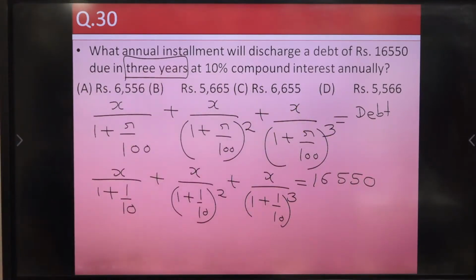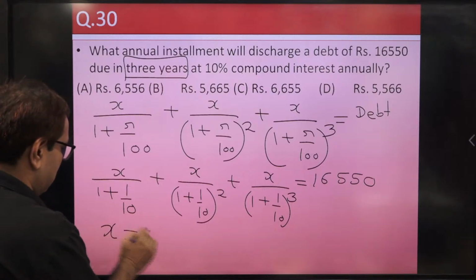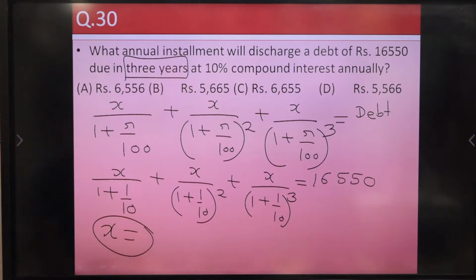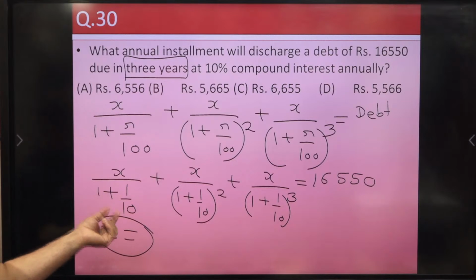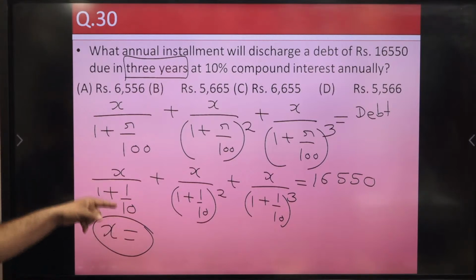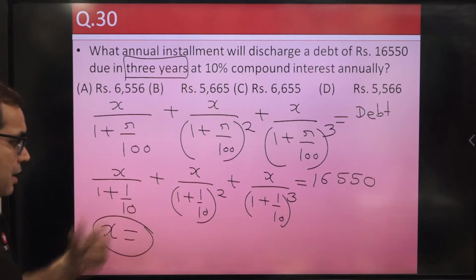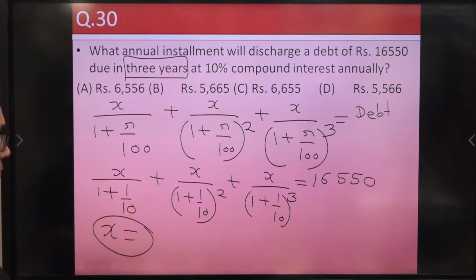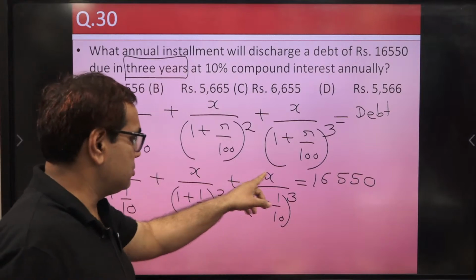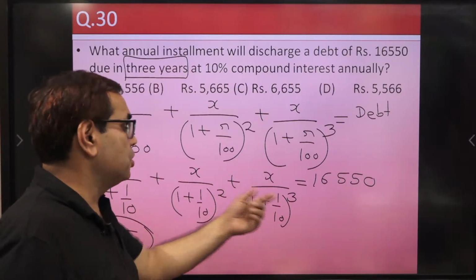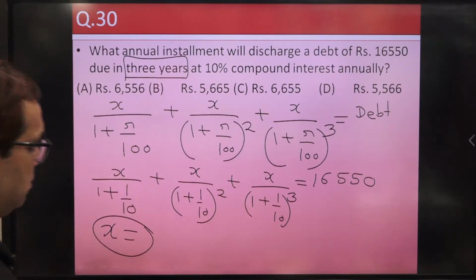So now you please solve this problem yourself, and you have to compute x, only calculation is required now. This will become 11x upon 10, so you can write it as 10x upon 11, and this will become 121 upon 100, so 100x upon 121, and this will be 1000x upon 11 cube, that is 1331.